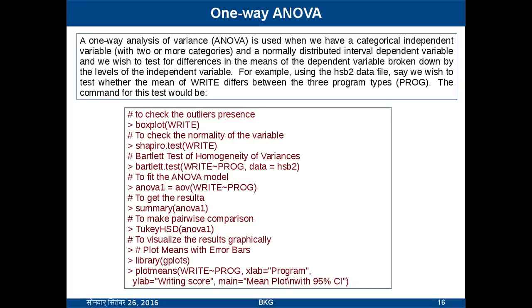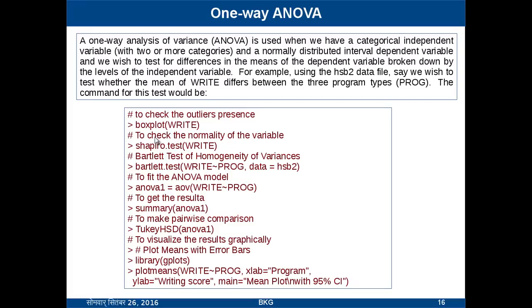So first thing we need to do in R, before conducting the ANOVA, is some examination of the assumptions behind the ANOVA analysis. First we need to check the presence of outliers. This can be done by box plot in R. The boxplot command is the box plot of the variable write.